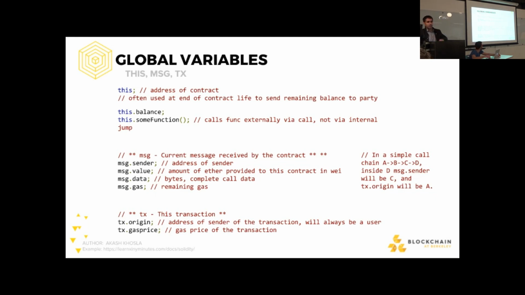So transaction often is going to start with a user or a user-based wallet, and that's going to go to a contract, or another wallet that's owned by a person, and basically a message is going to be internal. So transactions can also contain messages, which in a sense you can look at as internalized. So this goes to the contract. But when you call a transaction at origin, it's always going to be a person. So remember that.